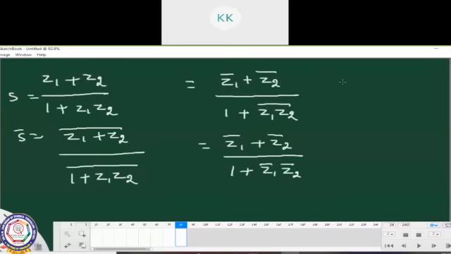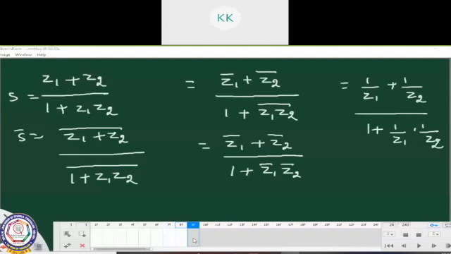So it gives 1 by Z1 plus 1 by Z2 whole divided by 1 plus 1 by Z1 into 1 by Z2.